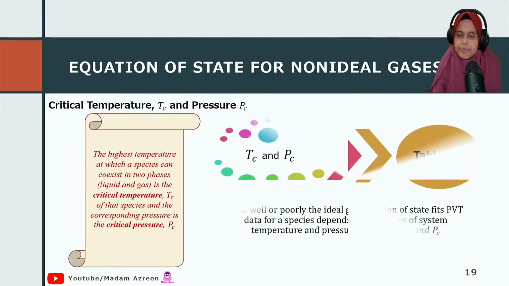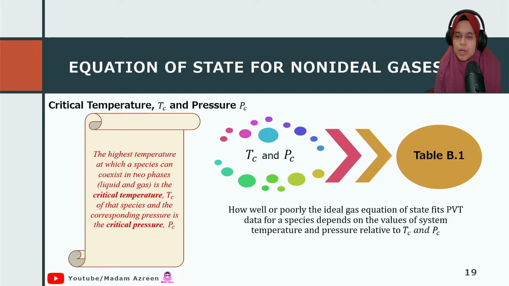And so how well or poorly this equation of state works really depends on the critical temperature and critical pressure: the temperature of a system relative to the critical temperature, and the pressure of a system relative to the critical pressure.